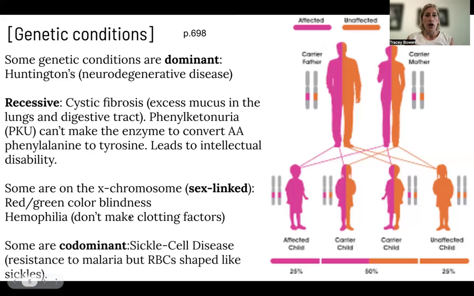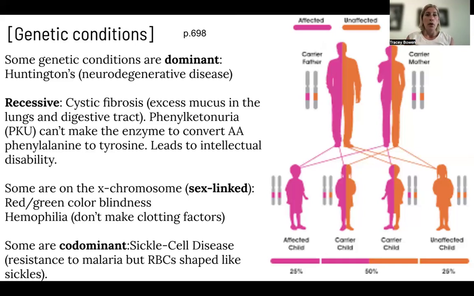And then some are codominant traits. An example of this is sickle cell. If you have the sickle cell allele and the normal red blood cell allele, then you will make both sickles and normal red blood cells. And this is great because it makes you resistant to malaria, and you can still breathe functionally.